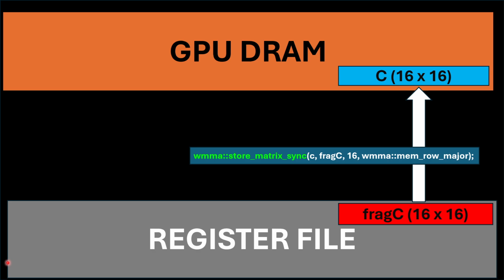So from the fragment C, 16 by 16 in this format, you are going row by row, picking up 16 elements, and storing that in the matrix C.